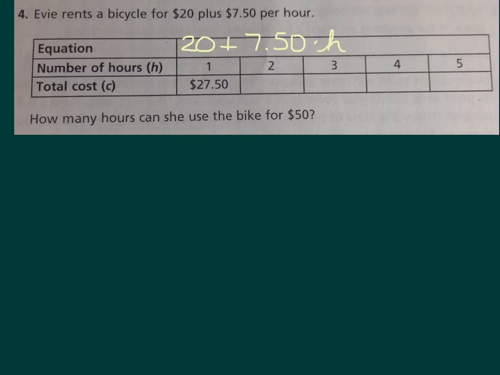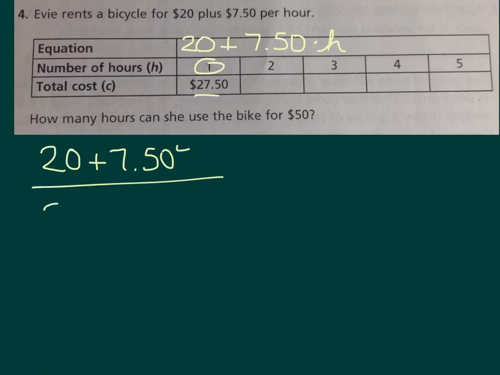So now we have 20 plus $7.50 times 1 is $7.50, which gives us a total of $27.50. So that one works out. Then we're going to go 20 plus $7.50 times 2 is $15 for a total of $35.